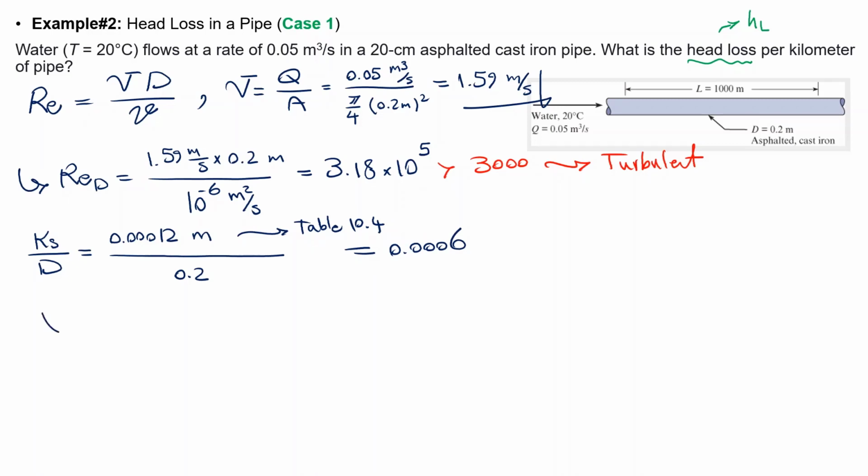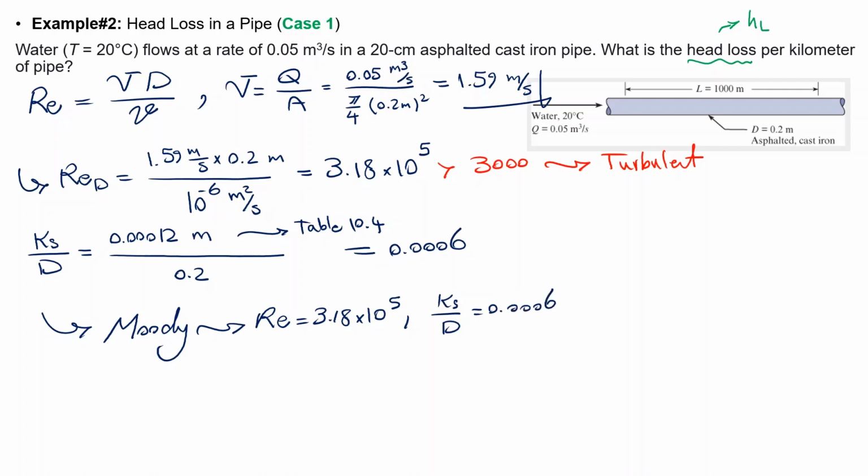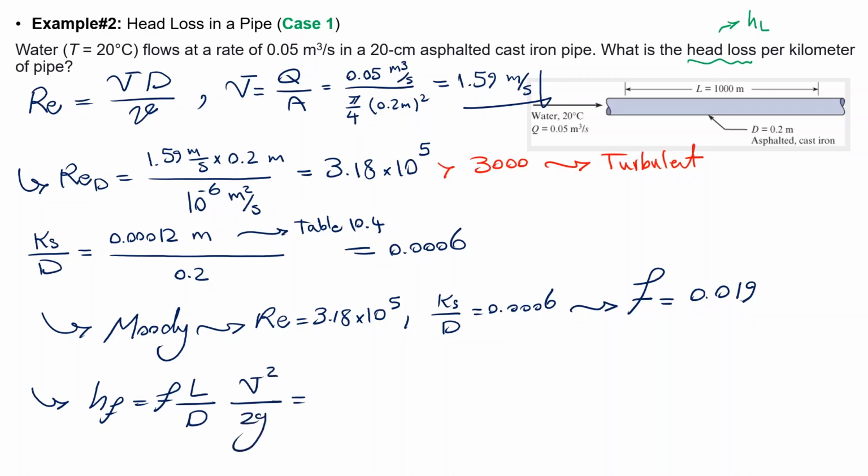I need to go to the Moody diagram, and based on Reynolds number of 3.18 times 10 to the power 5 and Ks over D of 0.0006, if you find F, or friction factor, it would be equal to 0.019. And based on this, I can go to the Darcy-Weisbach equation and write the equation.